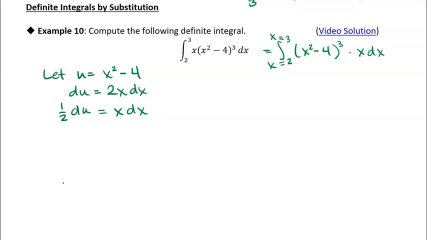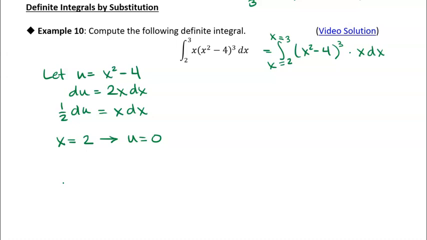We said u is equal to x squared minus 4. So if x is equal to 2, we substitute that into x squared minus 4. 2 squared is 4, minus 4 is 0. So that translates to u equals 0.